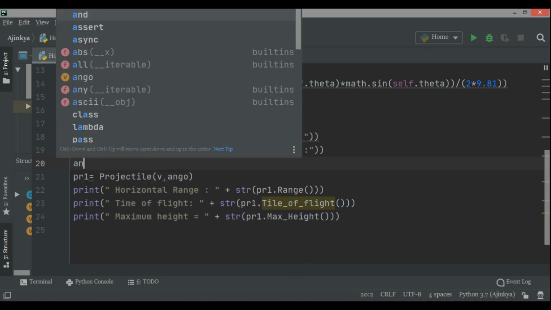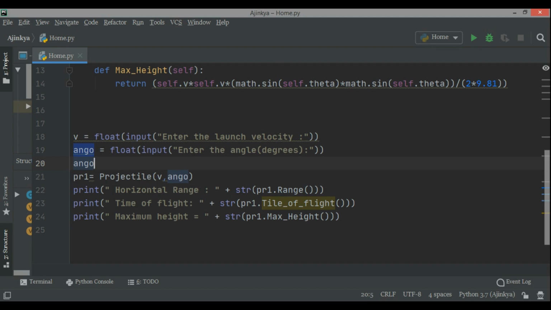So ang is the variable which contains the degree value: ang equals ang into math.pi divided by 180. The same container which was containing the degree value will now contain the radian value.